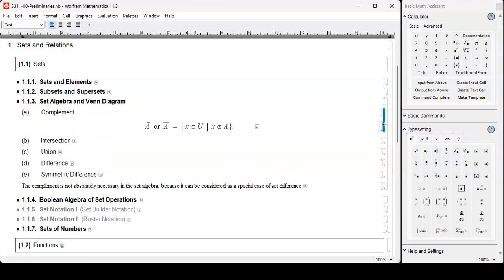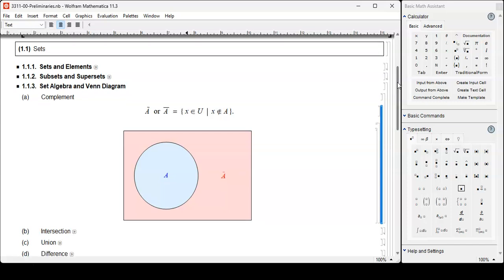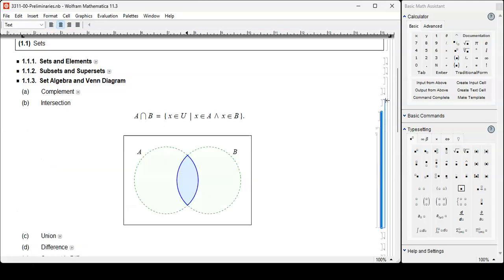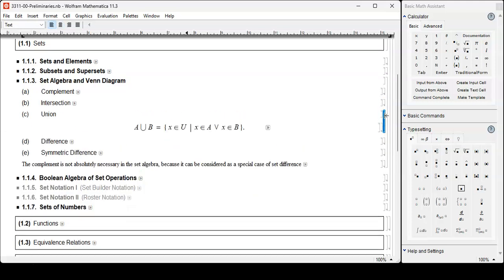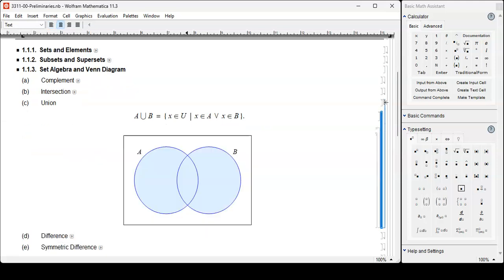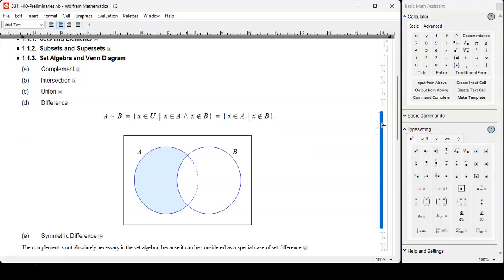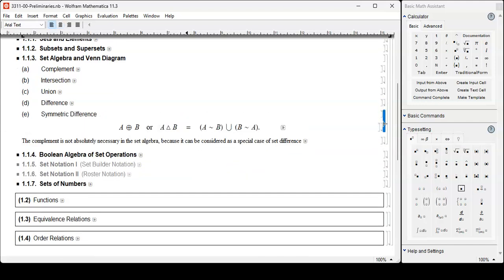Set algebra and Venn diagram. Okay, here we go. There goes the complement. Intersection. Union. Difference. Set difference. And then symmetric difference.